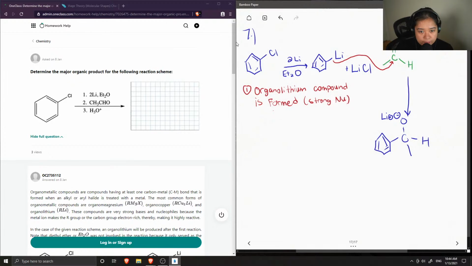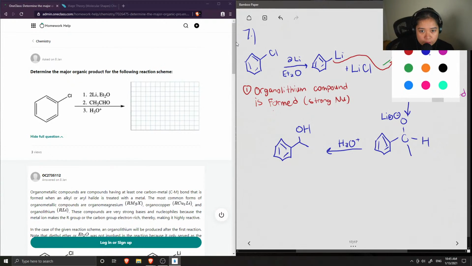So step 2, we had the carbonyl being attacked. And now for step 3, this reacts with H3O+, which in turn forms an alcohol group for our final product.